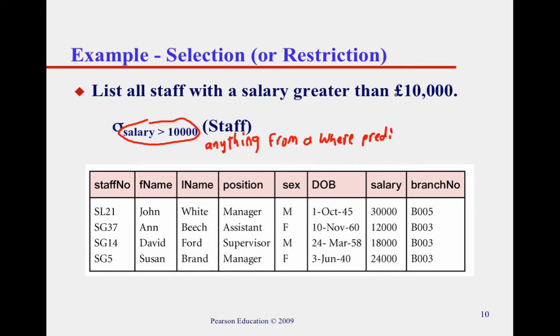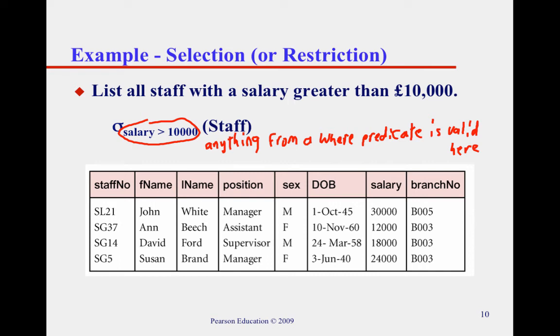In fact, you could have more stuff. So you could certainly imagine, for those of you familiar with regular expressions, being allowed to have a predicate that involves regular expressions.